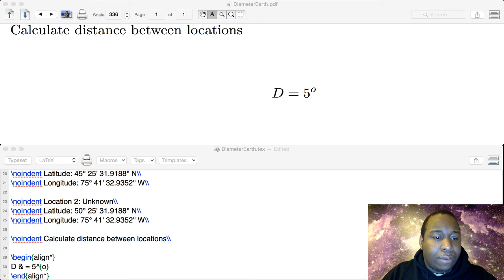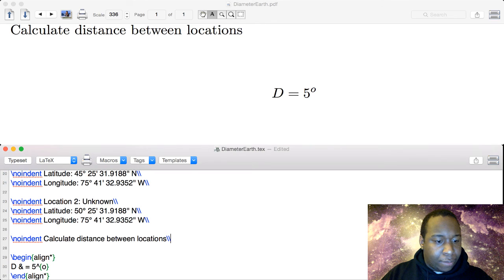All right, so 5 degrees. We need to multiply this times 60 nautical miles per degree. Right, so 60 nm.